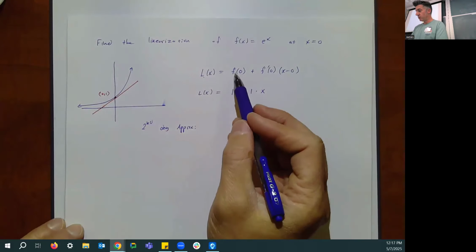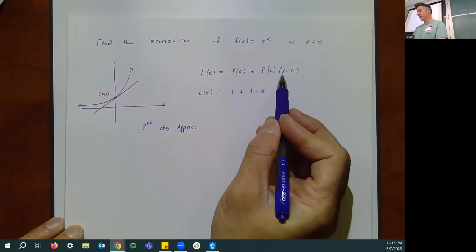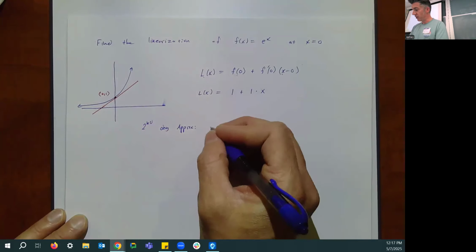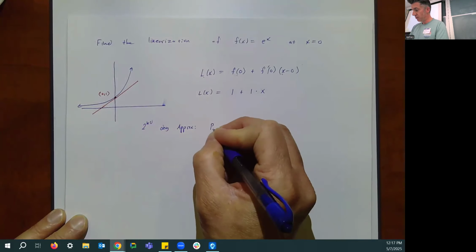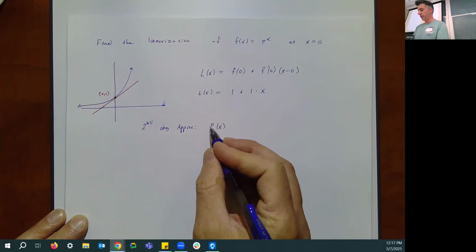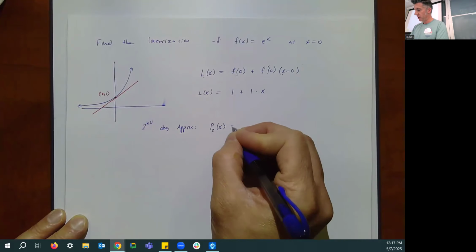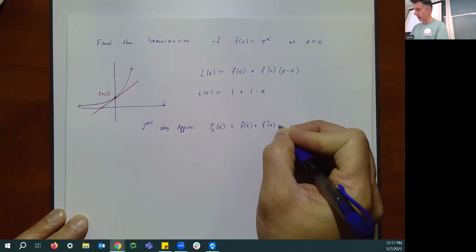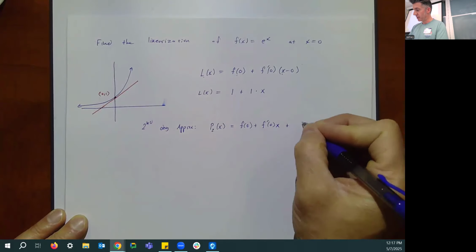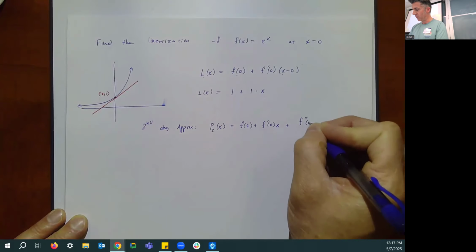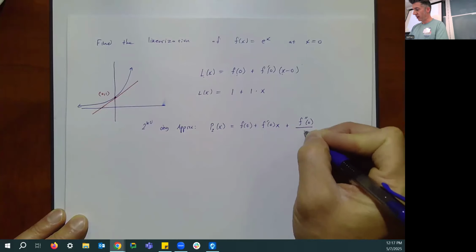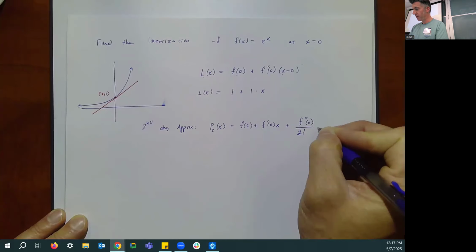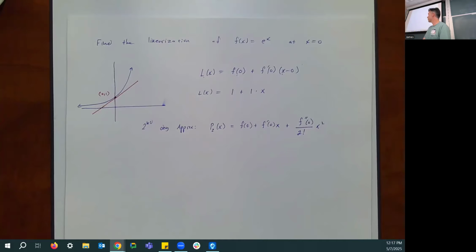So instead of just f of 0 plus f prime of 0 times x to the first, our second degree approximation is going to be p2 of x, p for polynomial, 2 for second degree. It's going to be f of 0 plus f prime of 0 times x to the first, plus the second derivative, also evaluated at 0, divided by 2 factorial times x to the second. And we could go on.